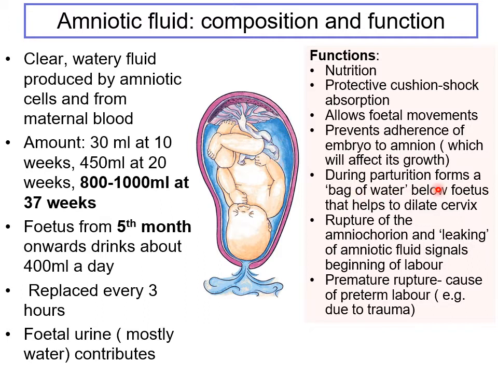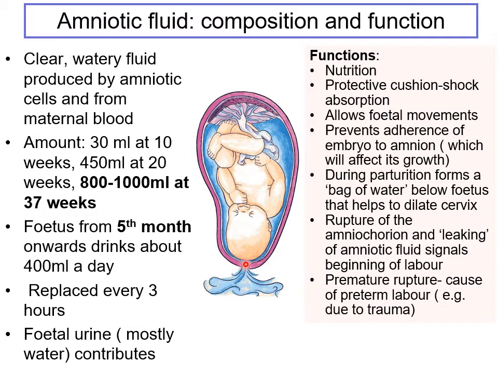So during parturition, meaning labor, it forms a bag of waters, because it's fluid. Now the baby is getting ready to be born. In a normal delivery the head is usually low and comes out first, so below the head a bag of waters forms. At the onset of labor, when the time is up, this bag of water or this membrane will rupture.